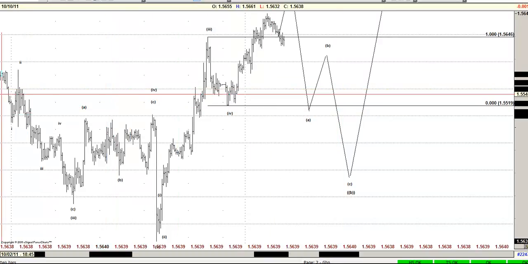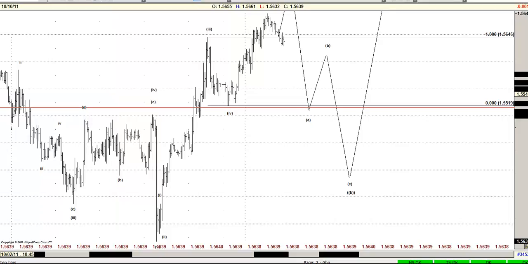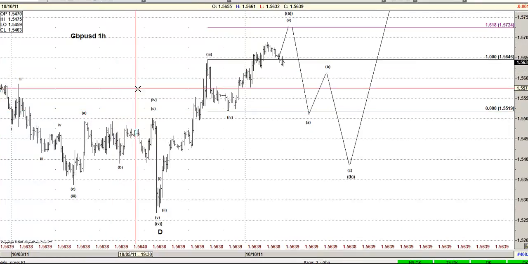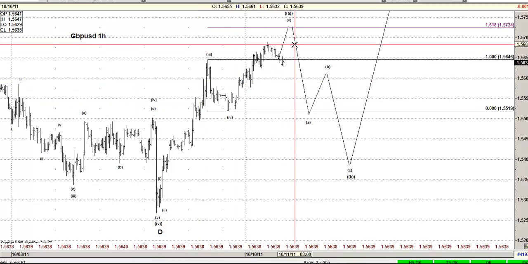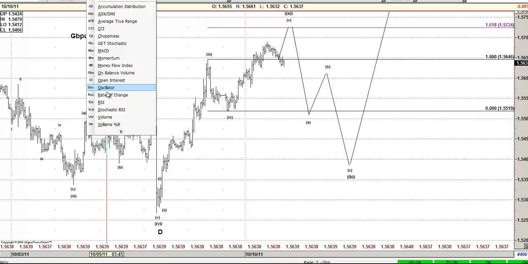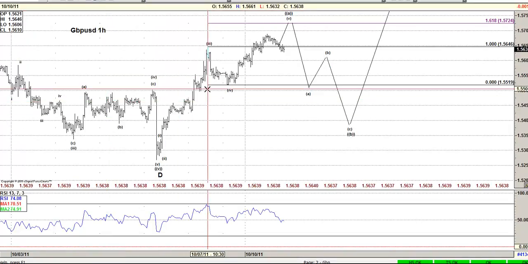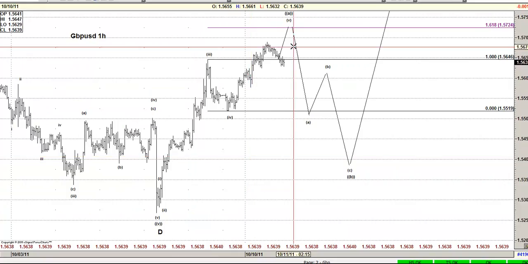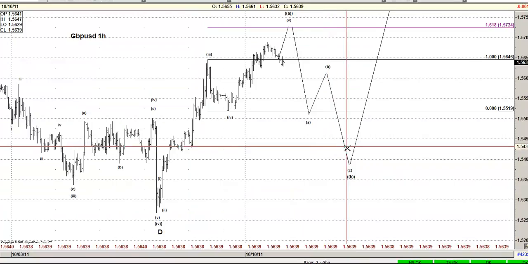Cable looks to be right here, looks to have ended a 5-wave move, and that worried me also a little bit. Cable, look, the divergence in an hour is gonna rebound, is gonna trade lower to around the 154 area again.